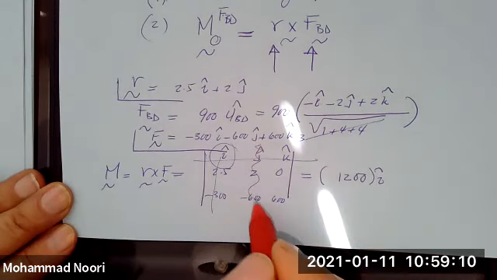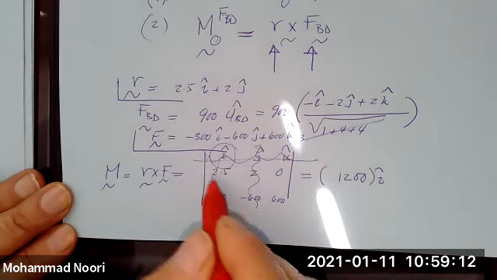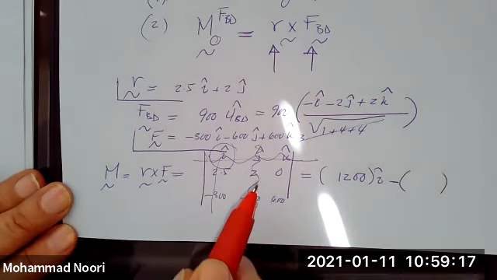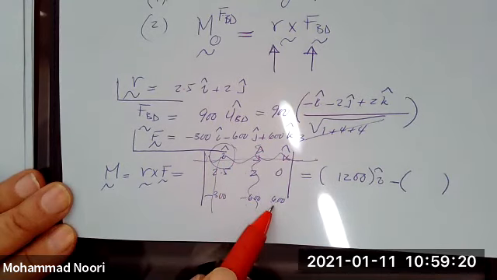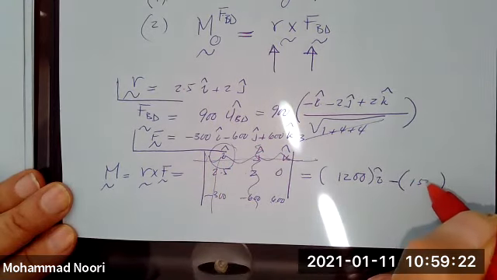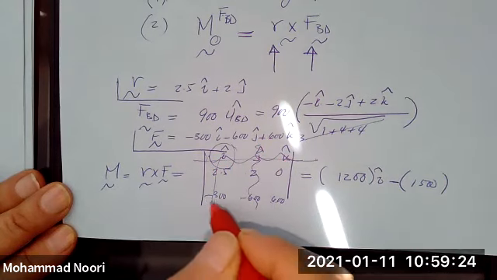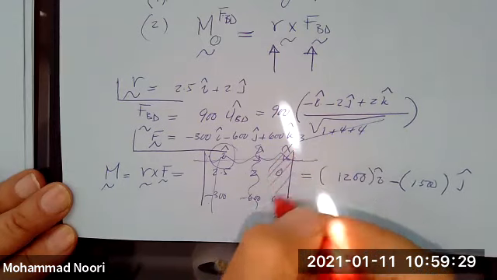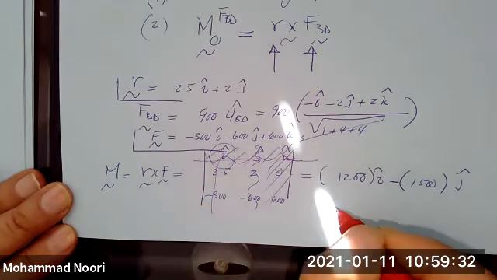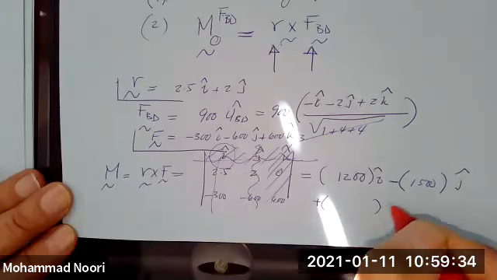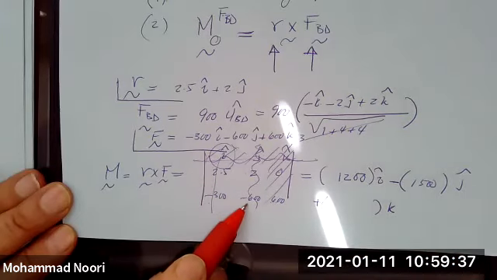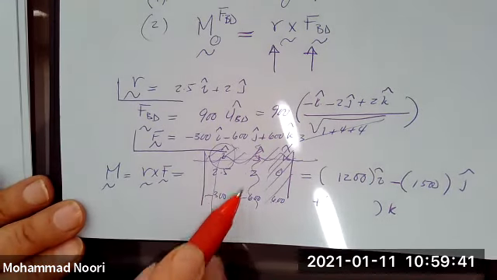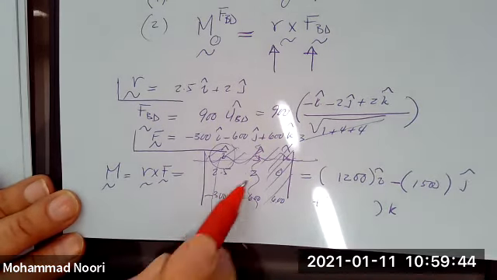For j, eliminate this, eliminate that. So you end up with this. But j has a negative sign. So remember, you have then 2.5 times 600, which is 1500, minus this times that 0. So this is j. How about for k? Eliminate this, eliminate the row. You have positive. You have 2.5 times negative 600, that is negative 1500, minus this times that, which is 600.